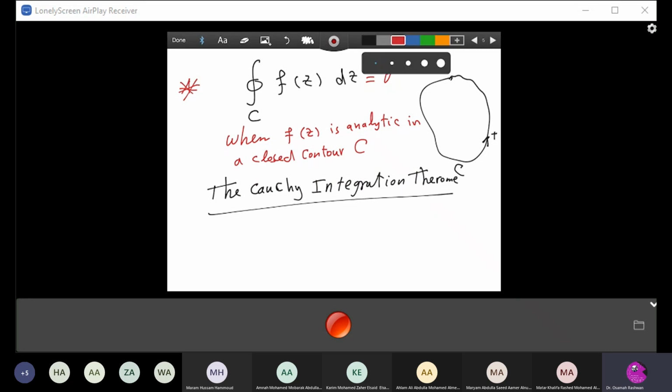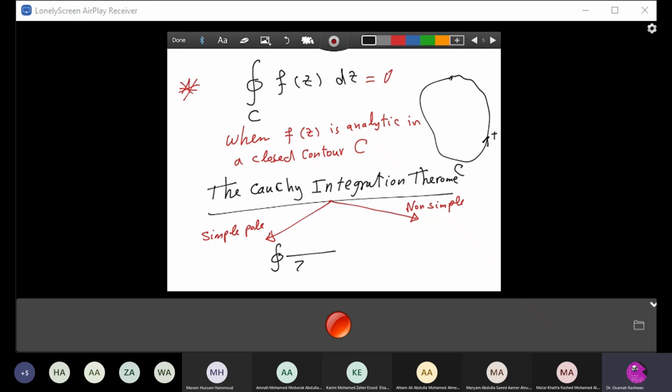Cauchy integration theorem, to be honest, we have a simple case, simple pole, and we have a general case, non-simple pole. I will let you know what simple pole means. It means you have integration over a closed curve, and your denominator is z minus z naught.